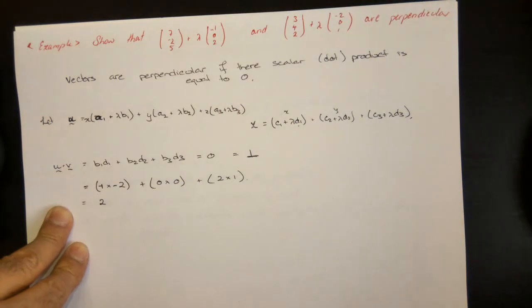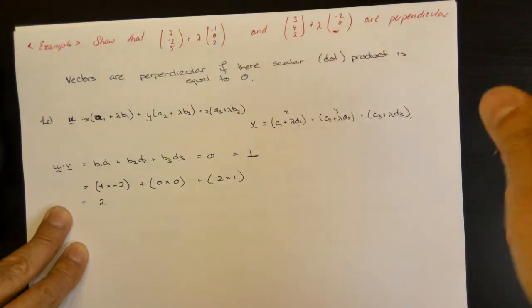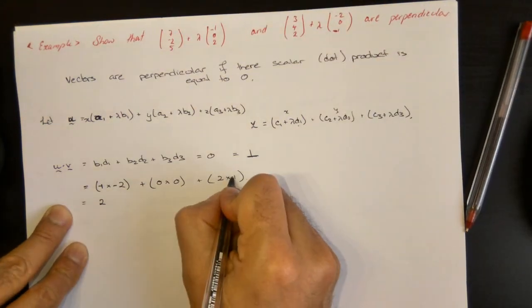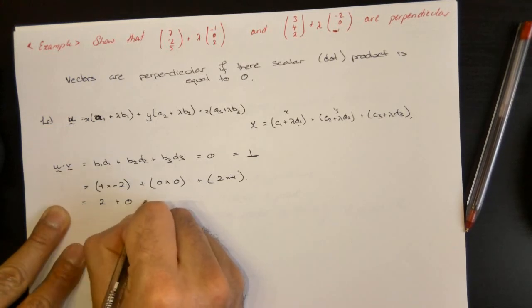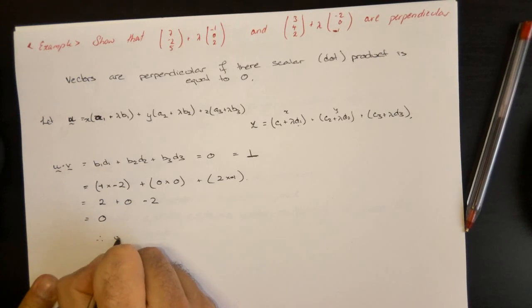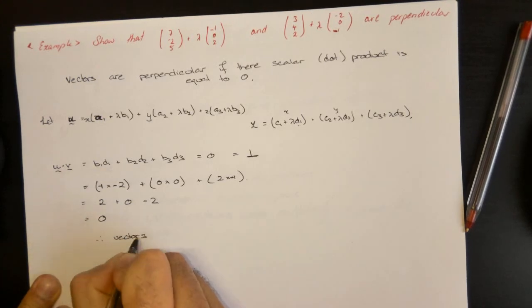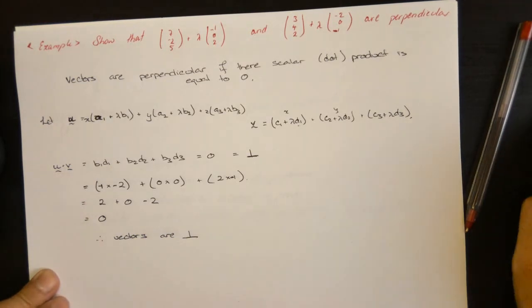That should be -1. Yep, because that would be 2 plus 0 minus 2, which was 0. Therefore, the vectors are perpendicular. Okay, that's it.